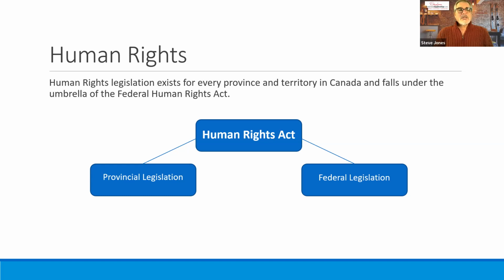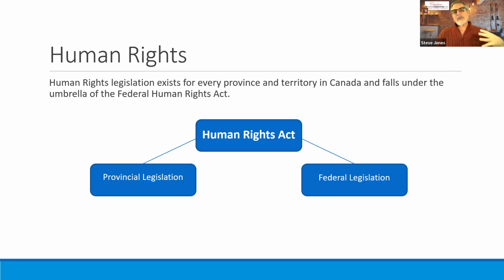So yesterday I talked about the various types of laws. We talked about the Charter of Rights and Freedoms being the law of laws. And we talked about how that high level law of laws then helped give guidance to our legislators when they're creating statute law.